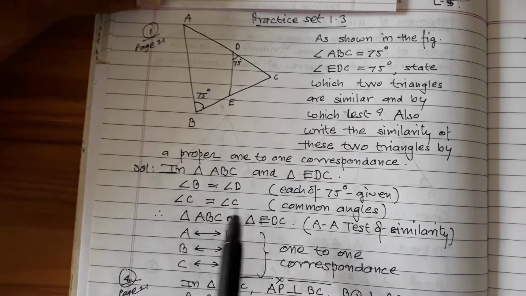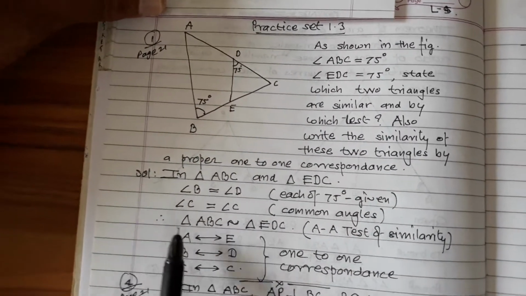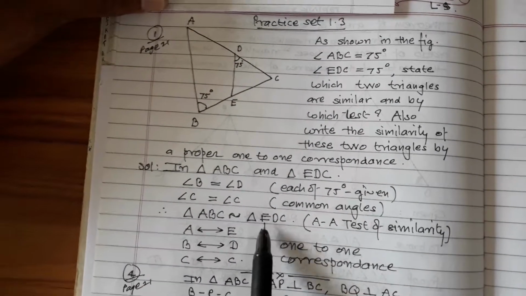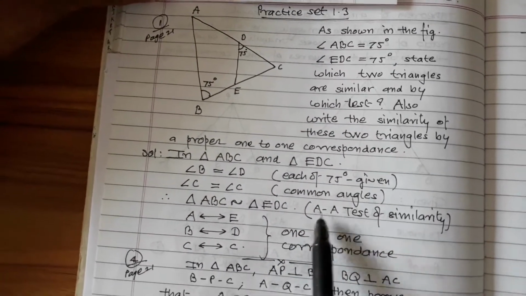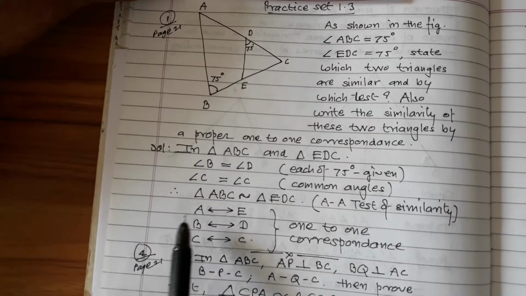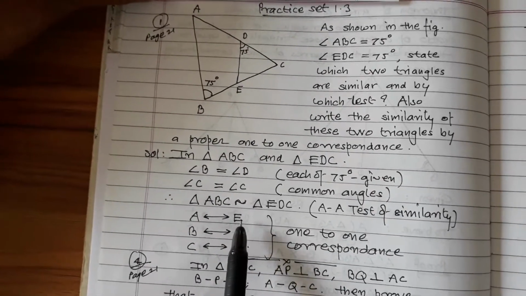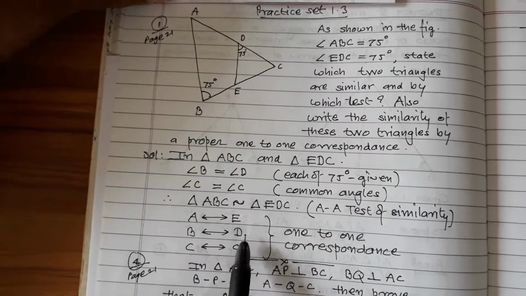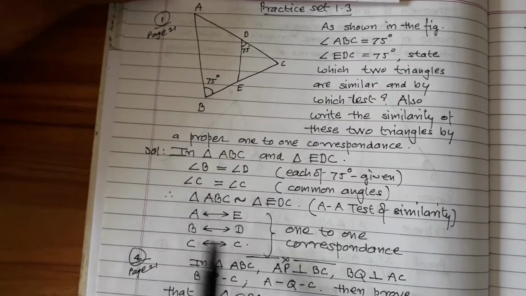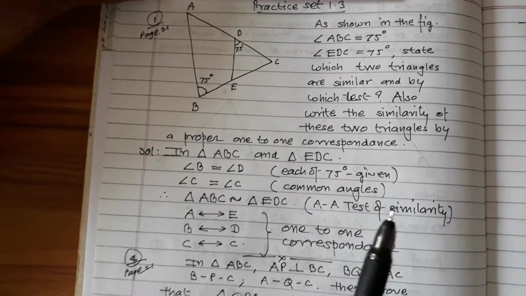Angle C is equal to angle C, which is common, and therefore triangle ABC is similar to triangle EDC, by the AA test of similarity. And the correspondence is this: A corresponds to E, B corresponds to D, and C corresponds to C. All these are one-to-one correspondence. Okay.